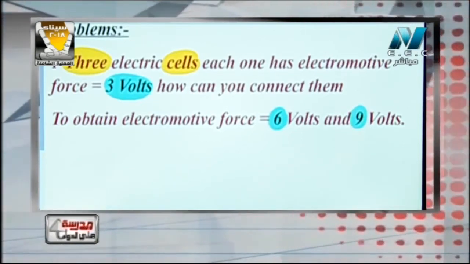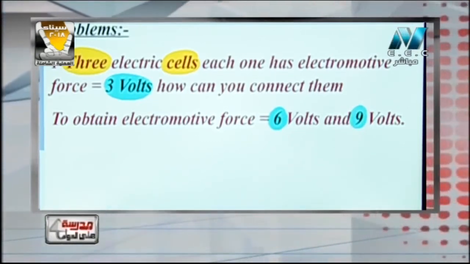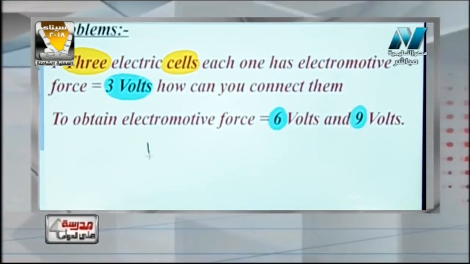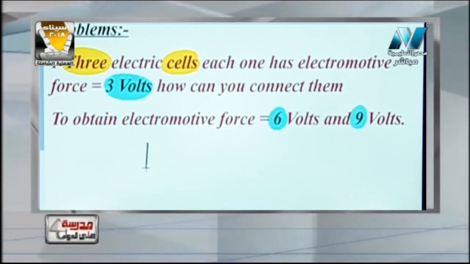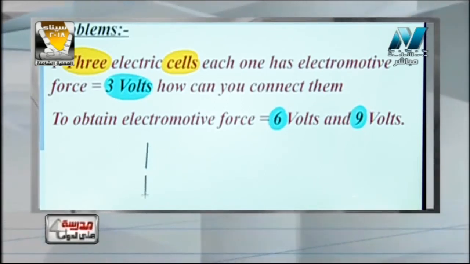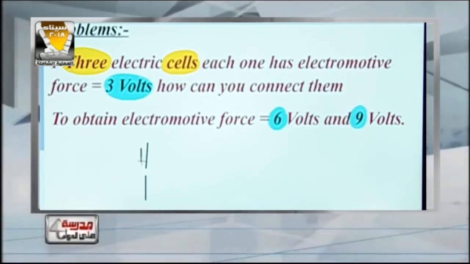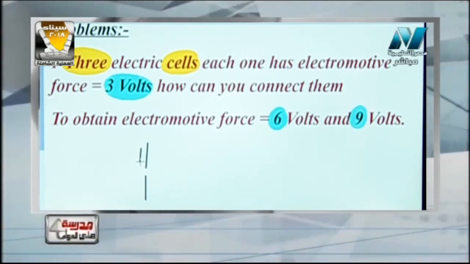Of course we can mix between two types of connection, as we have series and parallel connection. But in the first one we have to obtain 6 volts.